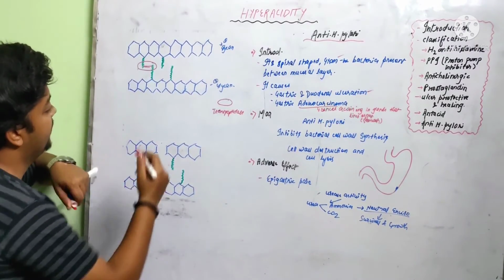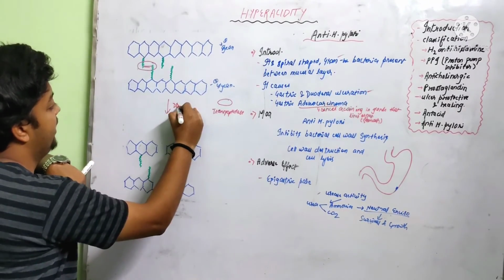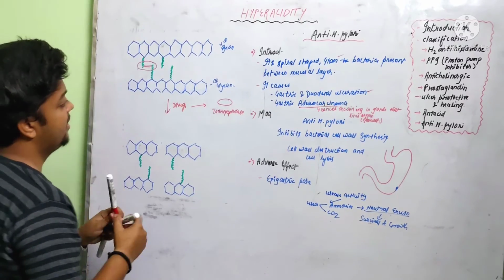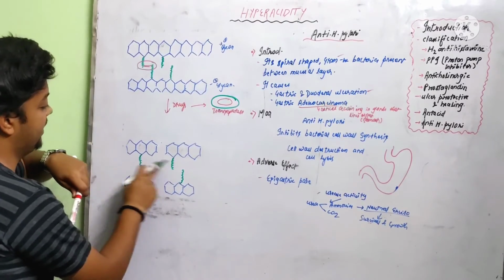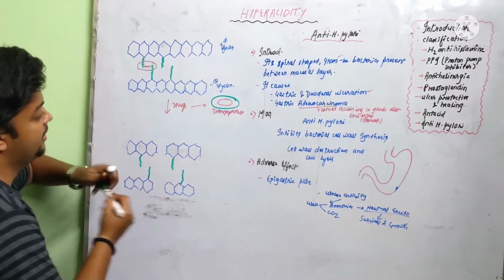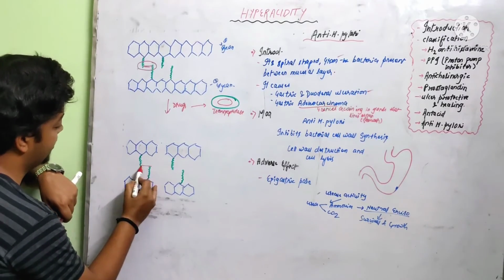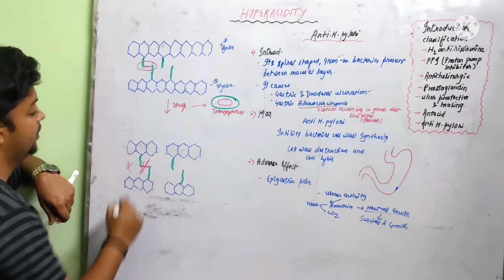So now what happens, we give the anti-H pylori drug, and these drugs bind with this transpeptidase enzyme. So once they are binding with this transpeptidase enzyme, you won't see any kind of crosslinks happening because the transpeptidase activity is inhibited. So there is no bond formation between these peptide chains because the activity is inhibited, right?